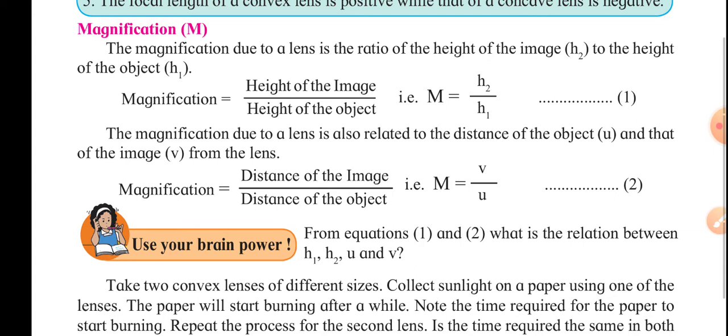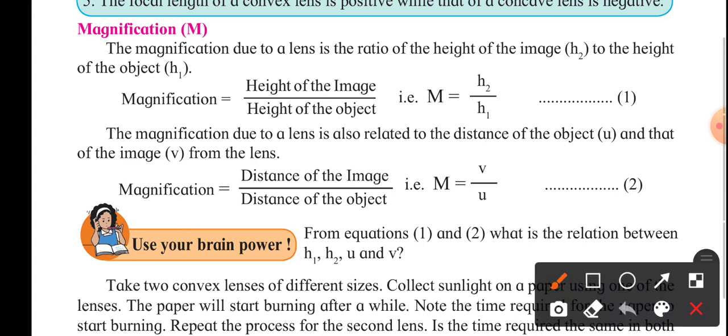Further, the next word we have to study is magnification. Magnification is nothing but the ratio of the height of the image to the height of the object. Basically, it is finding out the extent of magnification by the particular lens.